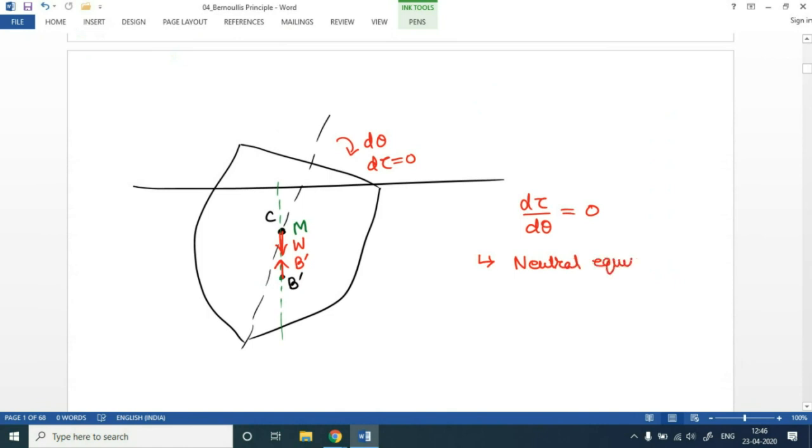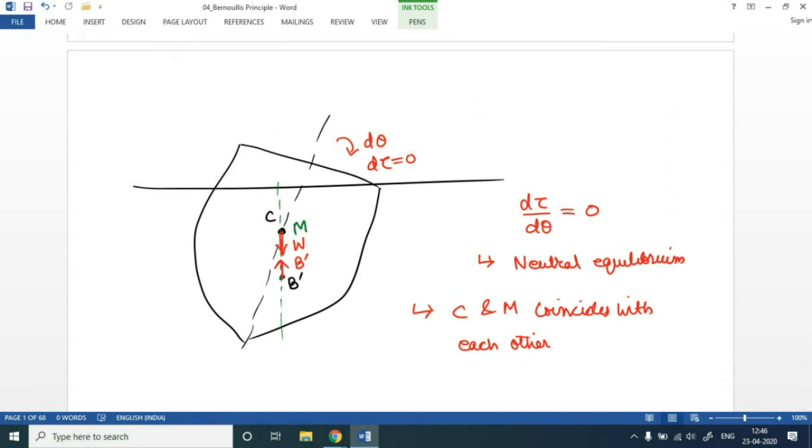In terms of the metacenter, you can say that C and M coincide with each other.